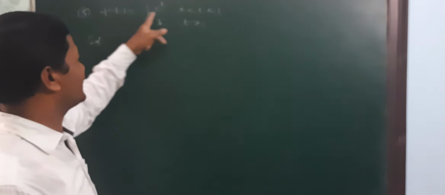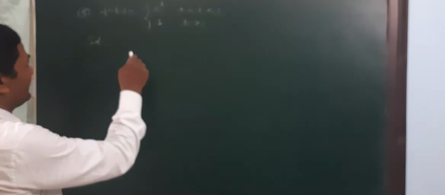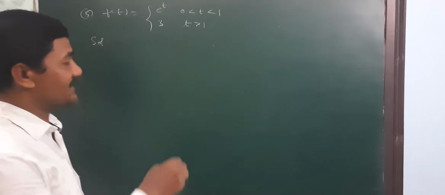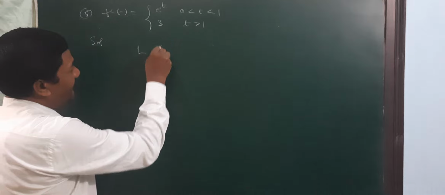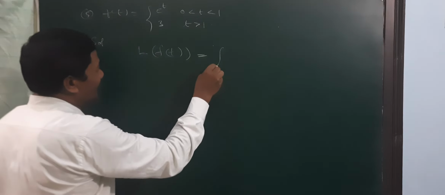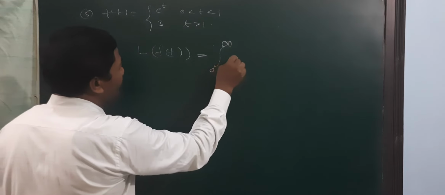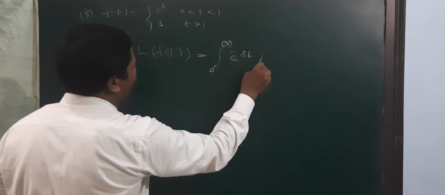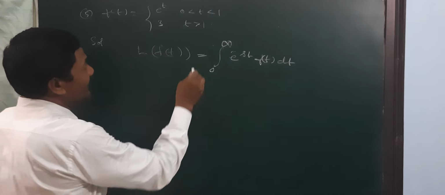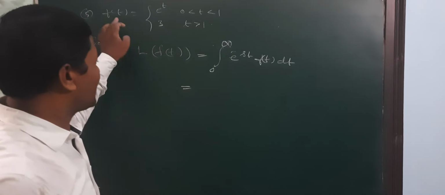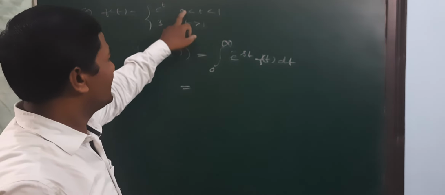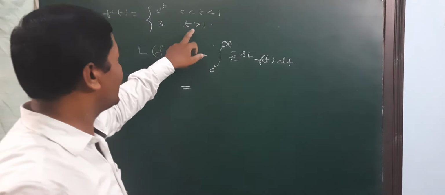The function is defined piecewise. Using the Laplace transform formula, L of f of t is the integral from 0 to infinity of e power minus st into f of t dt. This is the formula only. Here the function is e power t when t lies between 0 and 1, and 3 when t is more than 1.